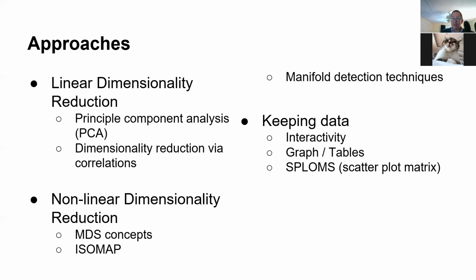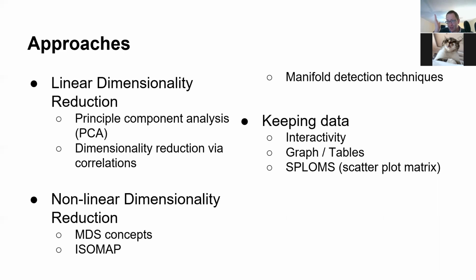So our different approaches. We can reduce the number of dimensions, just linearly reduce it. We just choose the dimensions that are important, keep those, throw everything else out. We can non-linearly just squish everything down. This is multi-dimensional scaling. And then we can also detect things that are parts of our data and choose to keep those, the shape of our data.